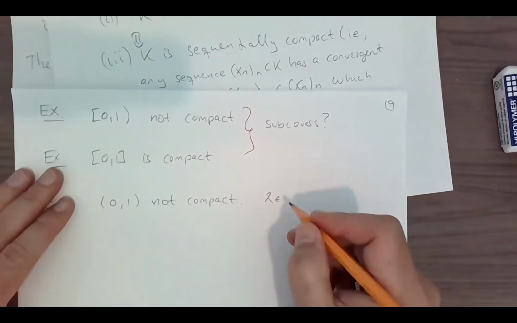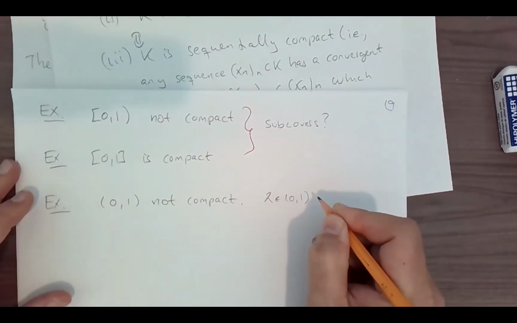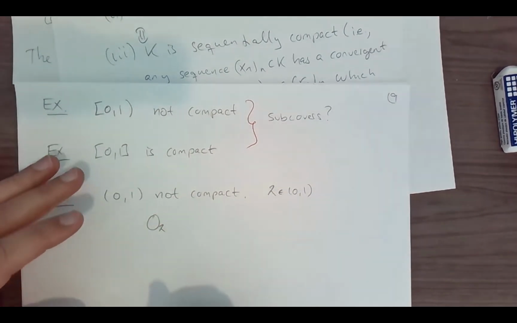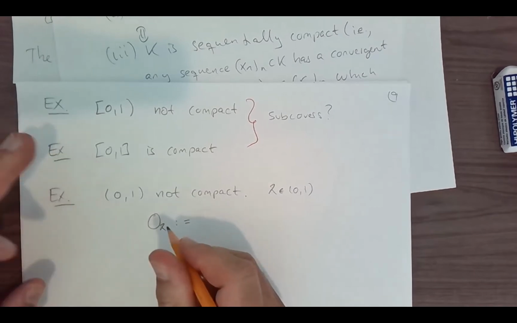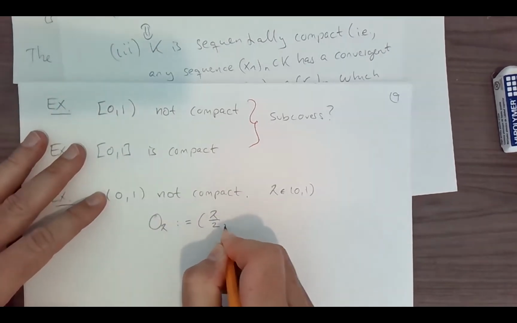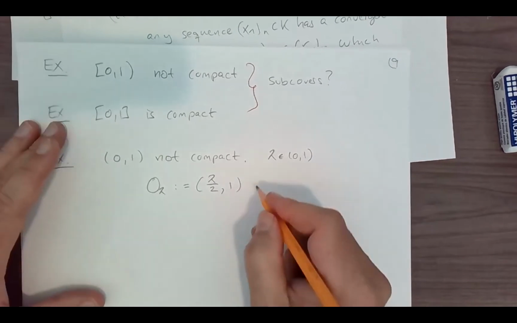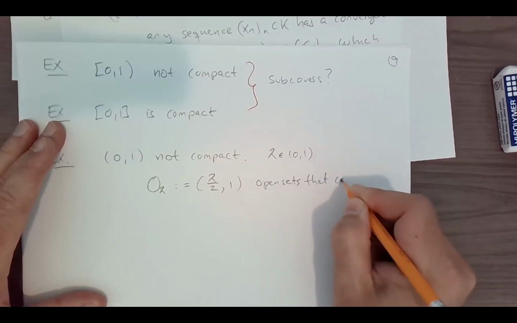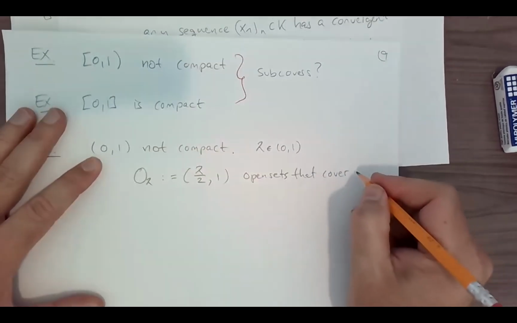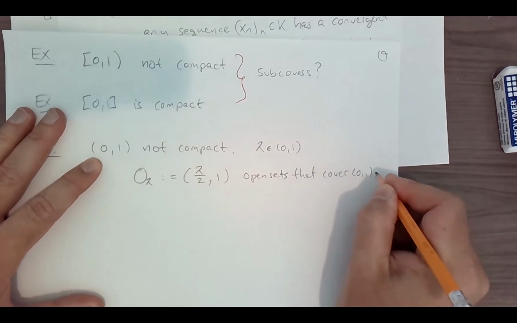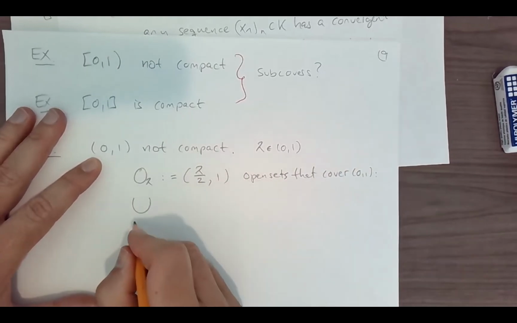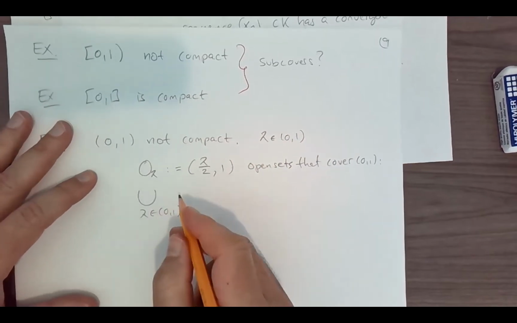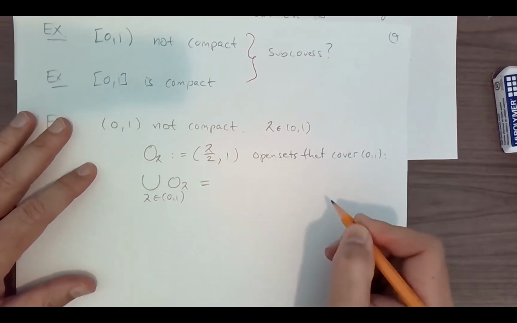I take a lambda in 0 to 1, and then consider the open set O_lambda to be something like (lambda/2, 1). These are open sets that cover this interval 0 to 1, because if I take the union over all such lambdas running between 0 and 1, if I take the union of these O_lambdas, what do I get?